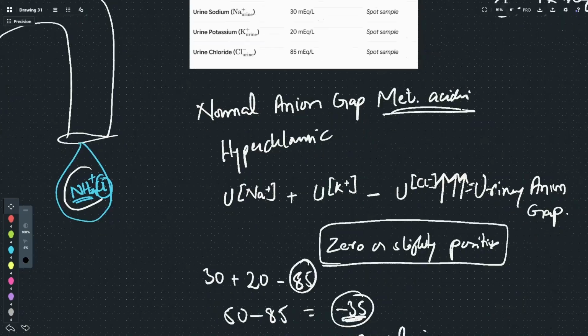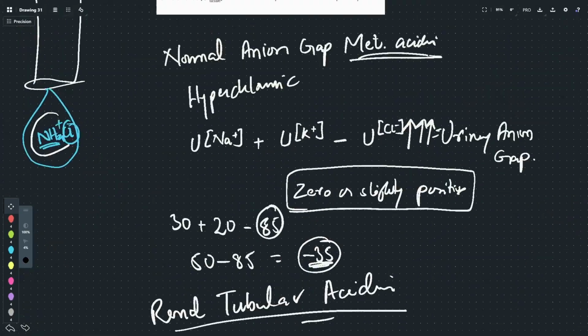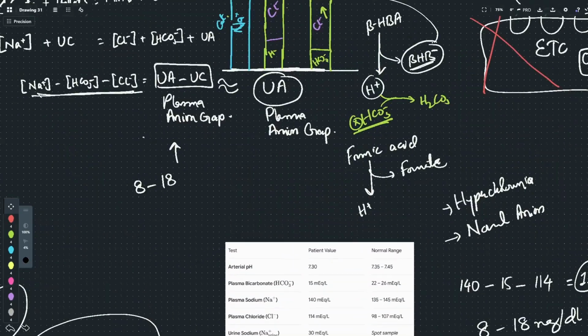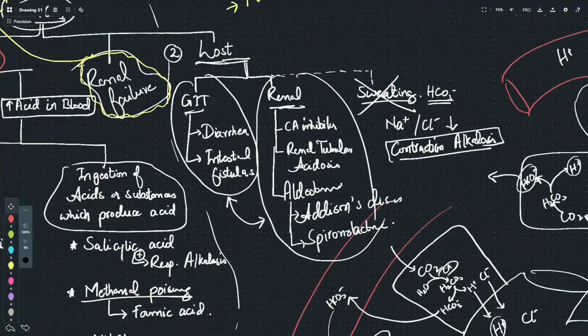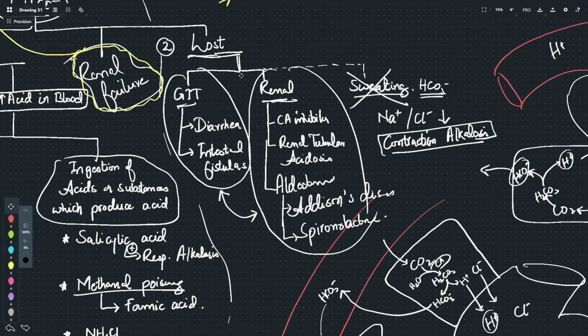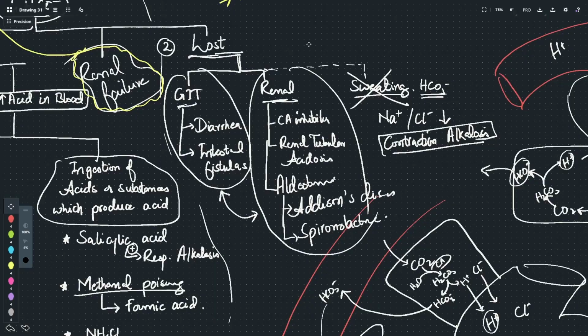at renal level. Now, because minus 35 is highly negative urinary anion gap, it means the renal part we can safely, in most cases, unless you count for some edge cases, rule this out for this scenario. So it means the problem is diarrhea, most likely.